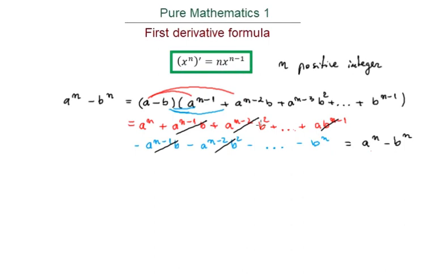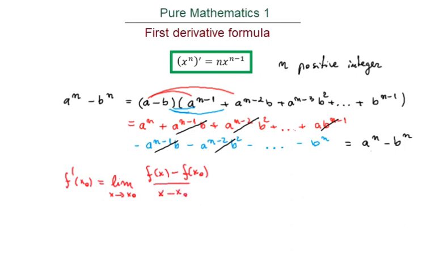Also, what we need to use in order to prove the derivative formula is the definition of the derivative. F dashed x0 is equal to the limit when x tends to x0 of f of x minus f of x0 over x minus x0.